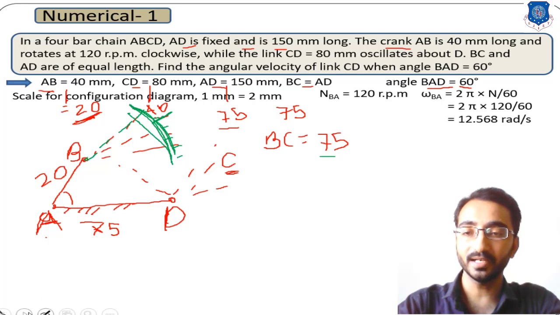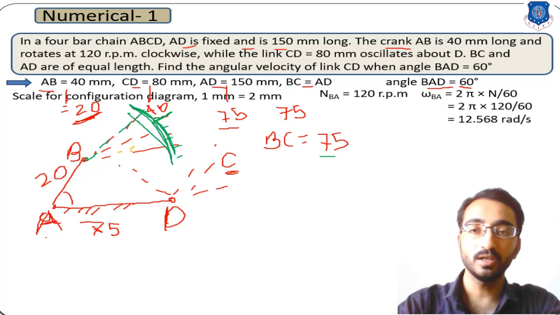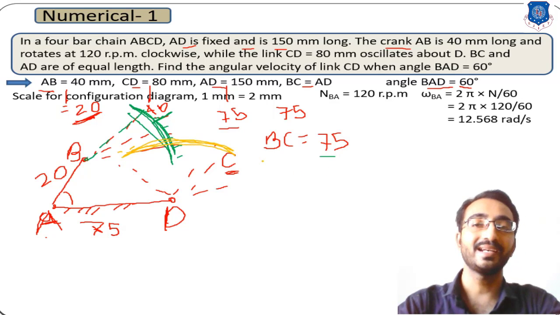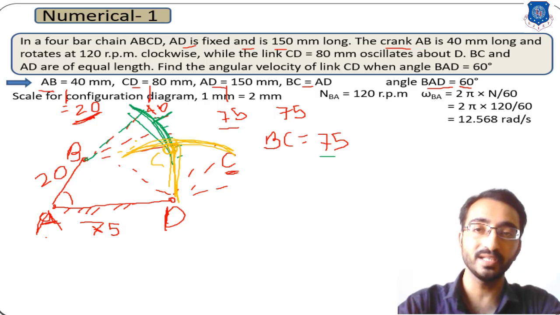Where this arc is sketched, the intersection will give you point C, because if you measure from this point, the length CD will again be 40 mm and BC will be 75 mm.